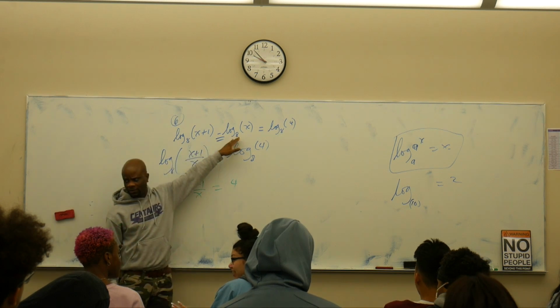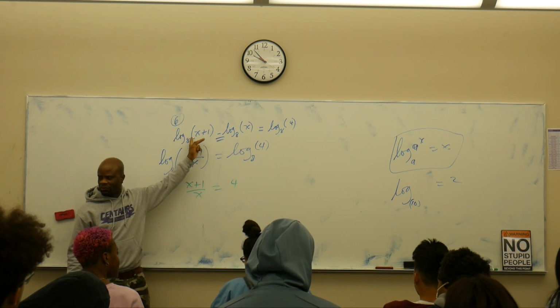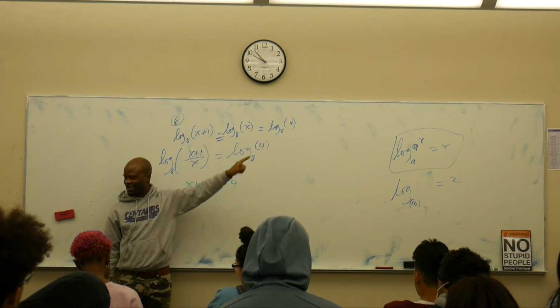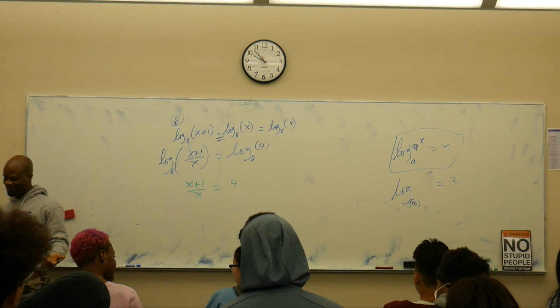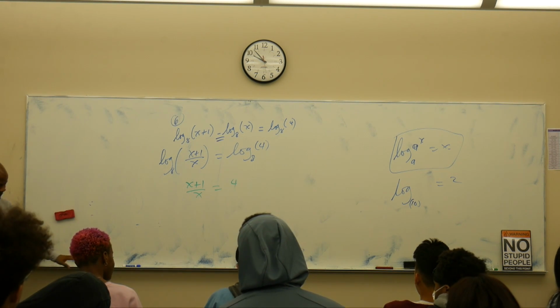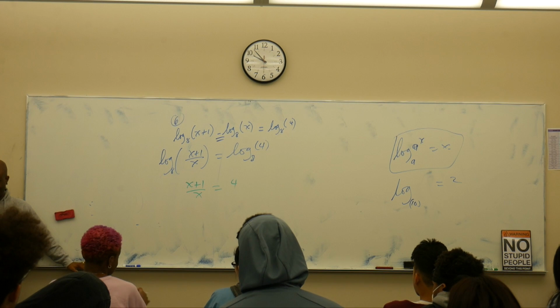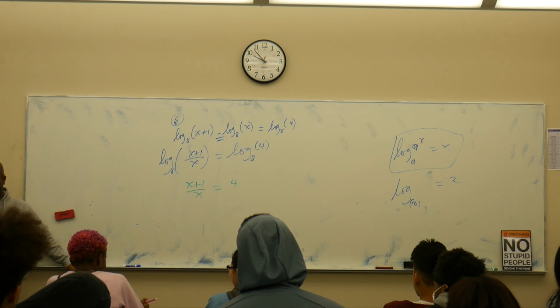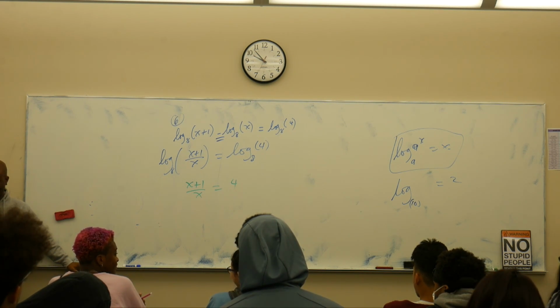Did you do that to this side also? These, because they don't have the same base, why am I bothering changing 8 to 2 cubed? Yeah, I don't know why I did that. Yeah, you just made it harder.